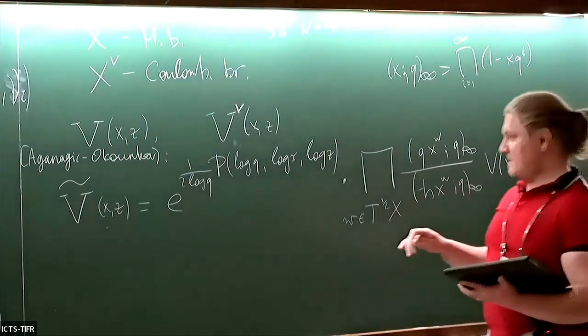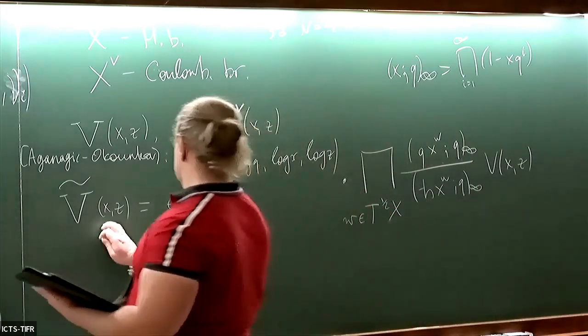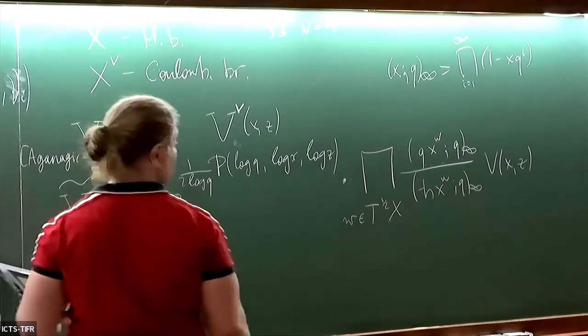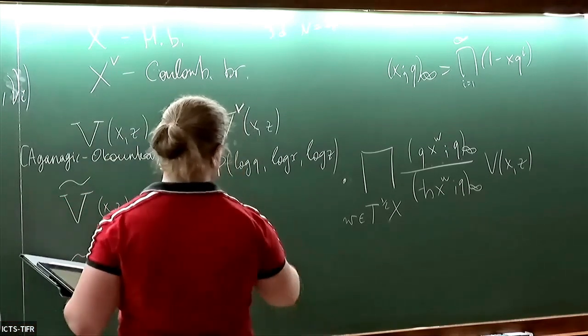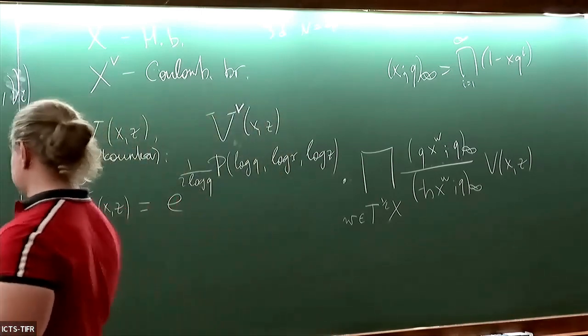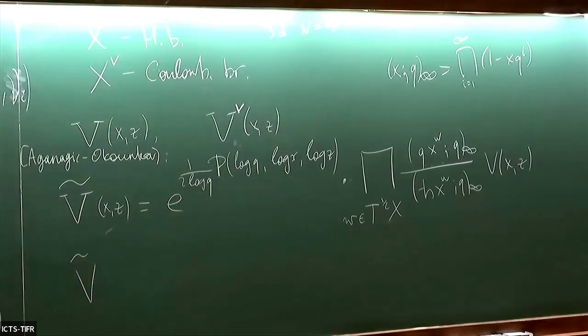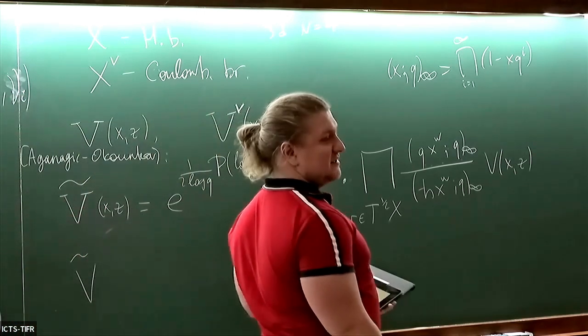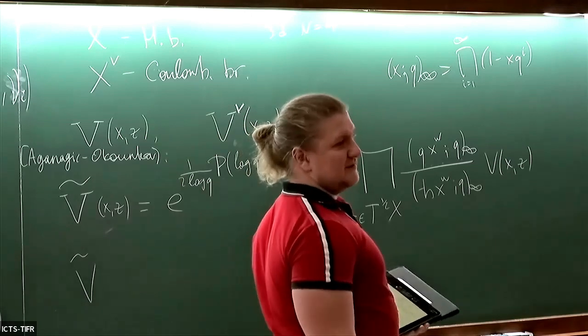So one has this slightly rescaled vertex function, and Q is the equivariant variable for rotations of P1, and P is a certain polynomial which I didn't want to explain.